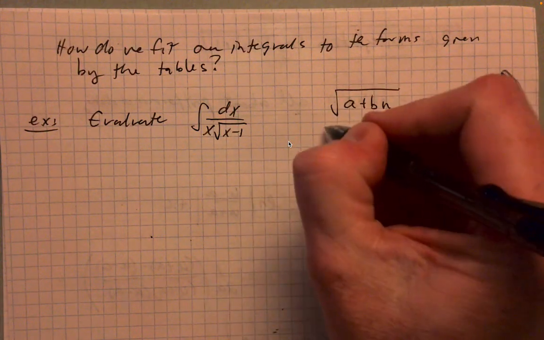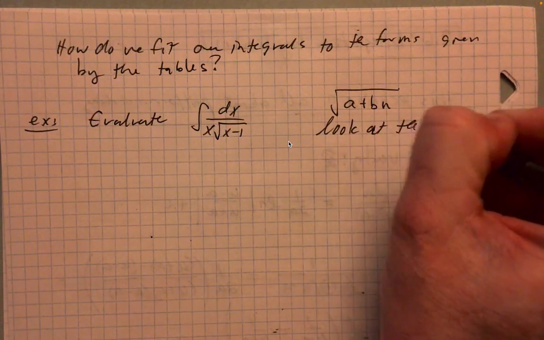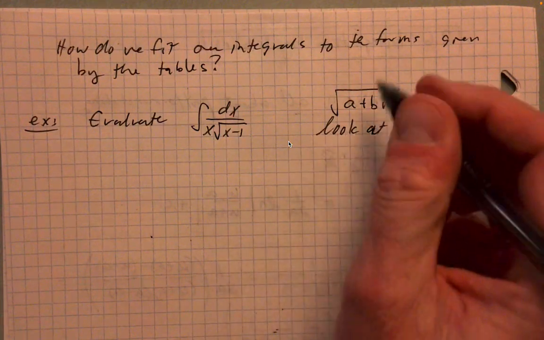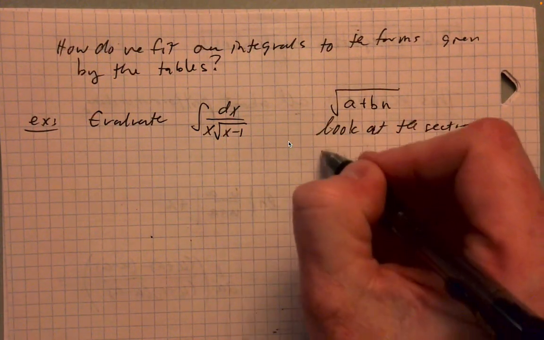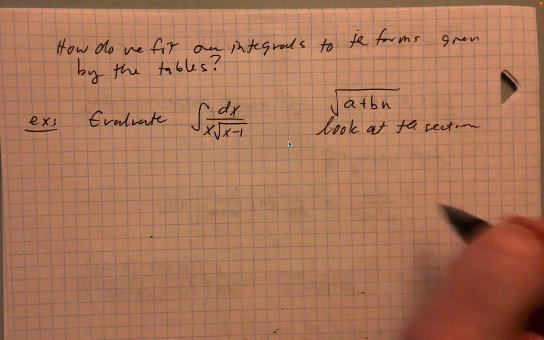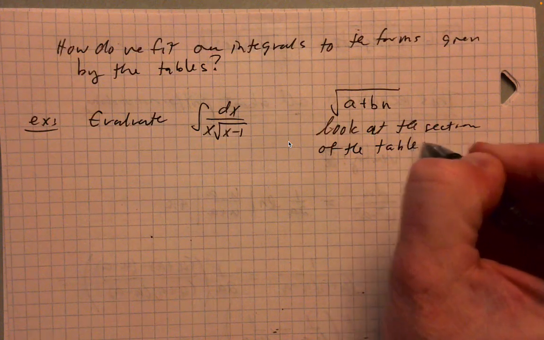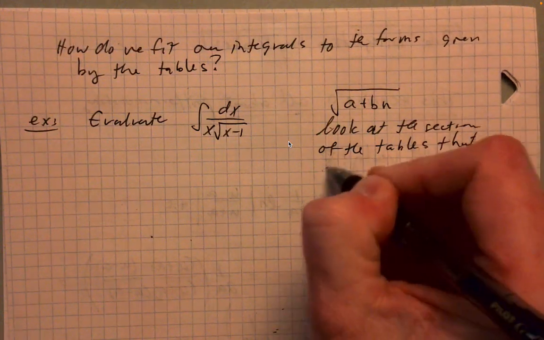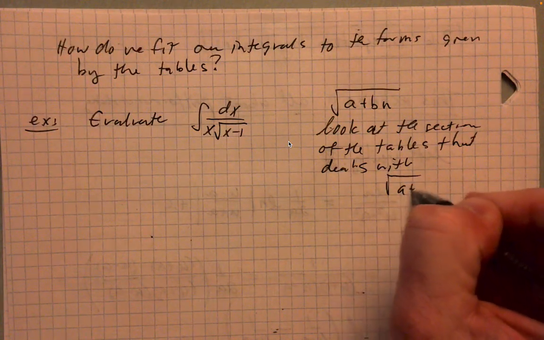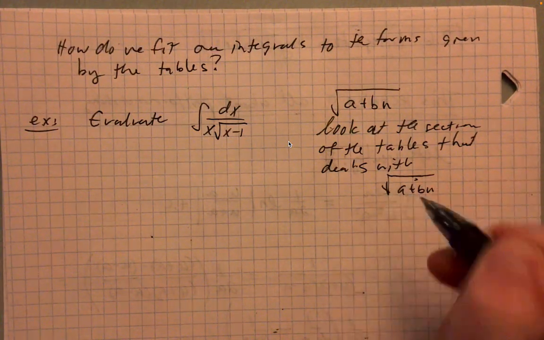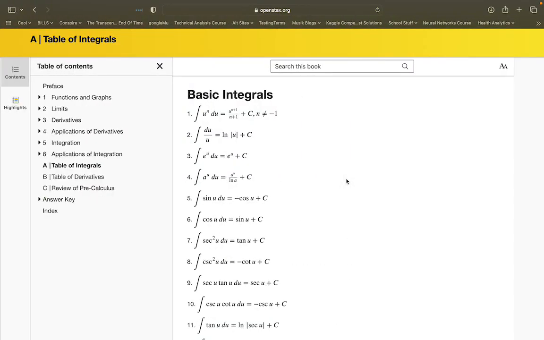So let's look at the section of the tables that has forms involving this a plus bu square root. Let's look at the section of the tables that deals with a plus bu form. Okay, and so we can just jump out there and start looking around.